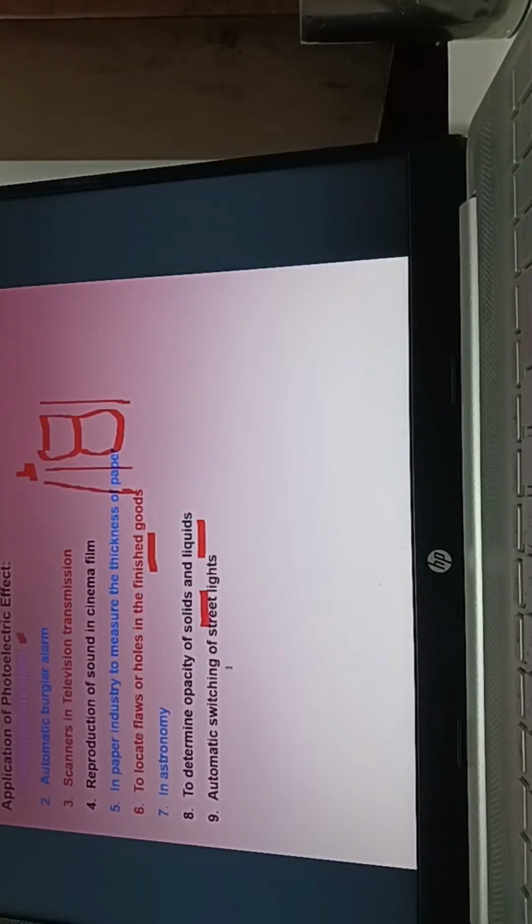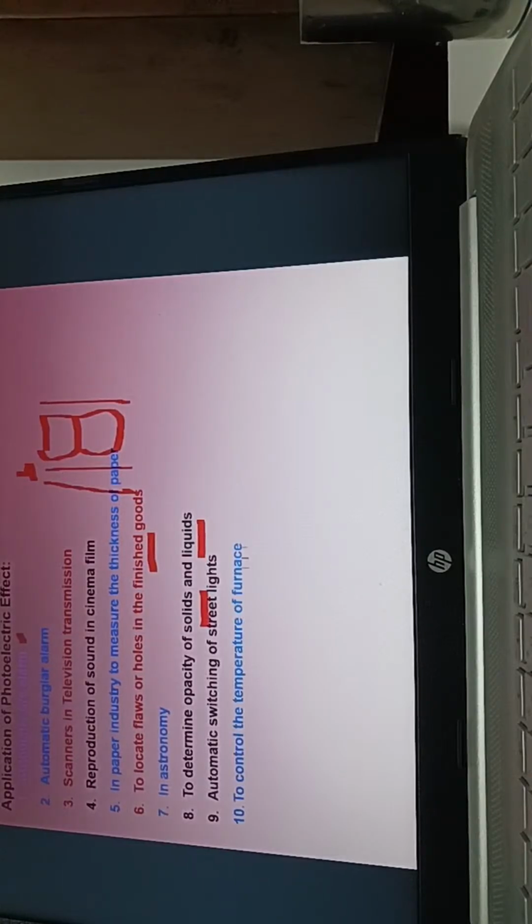Then next, automatic switch of the street light. You know that at night the lights will be on, in the day they will be off. As soon as light comes, there will be a circuit breaker. As soon as sunlight goes, it will start, current will flow, and because of it, it will switch on.